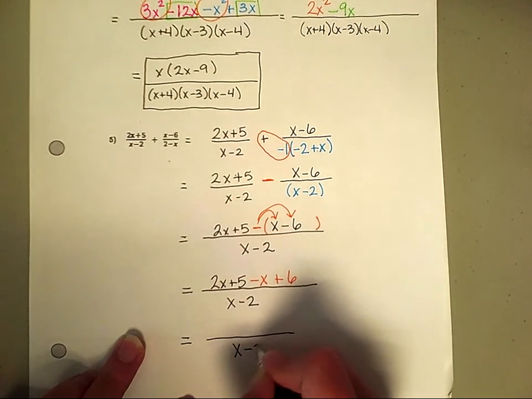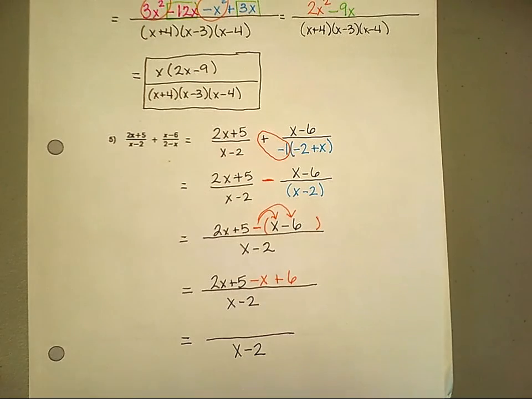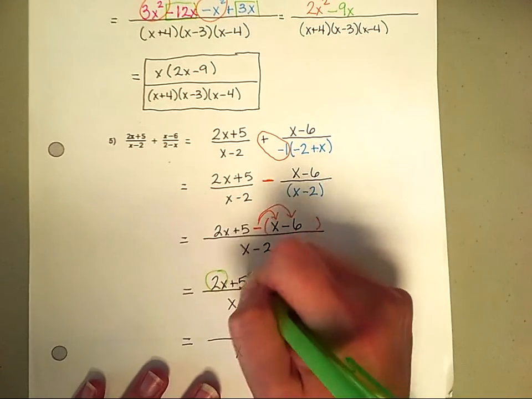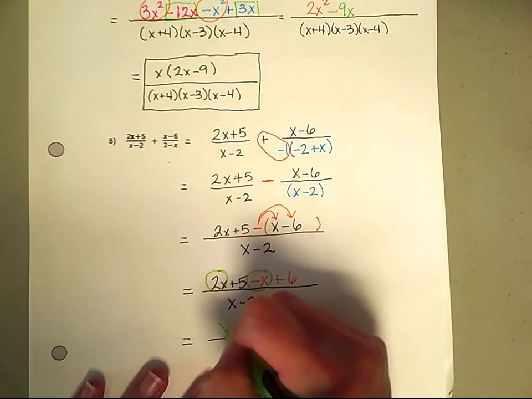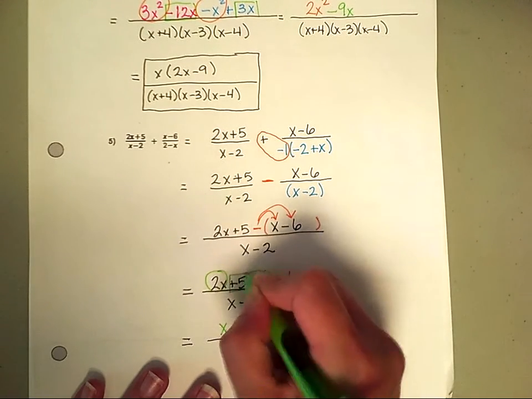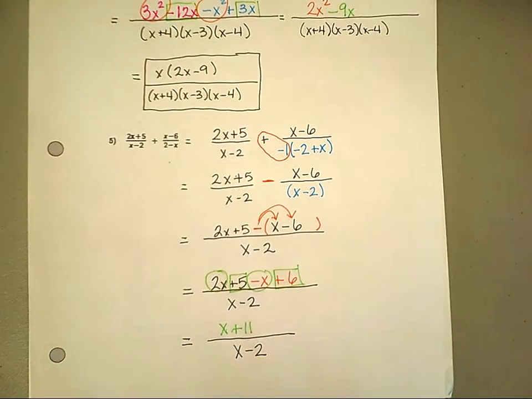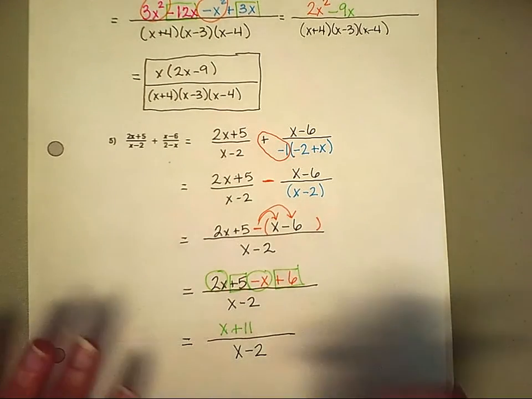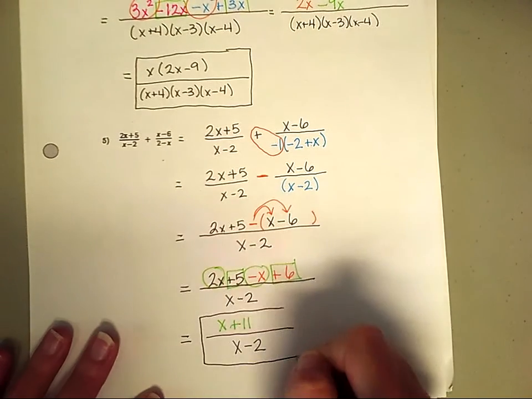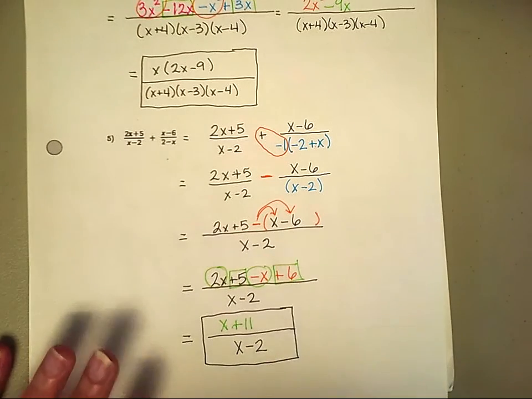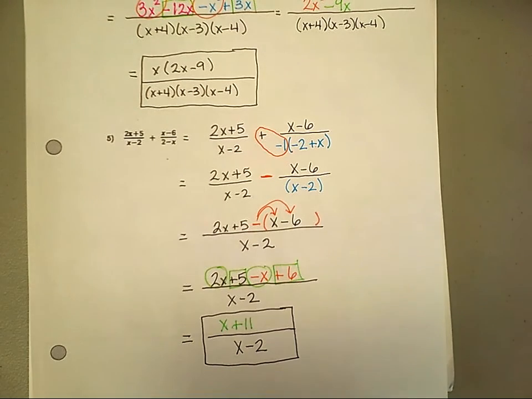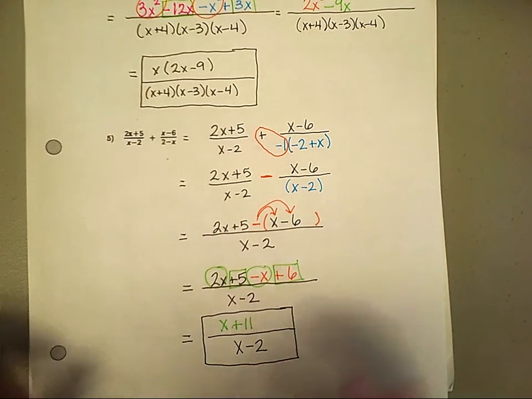Will still be over our common denominator of x minus 2. 2x minus x is positive x. And 5 plus 6 is positive 11. And again, we have no common factors, so nothing can be canceled.